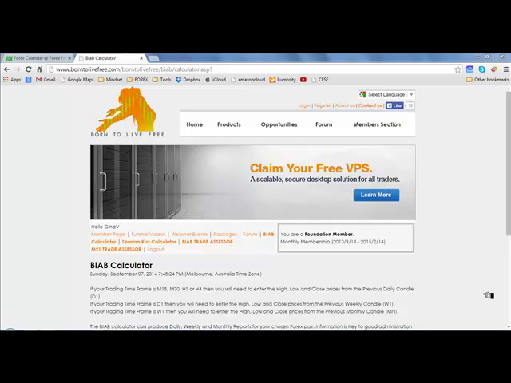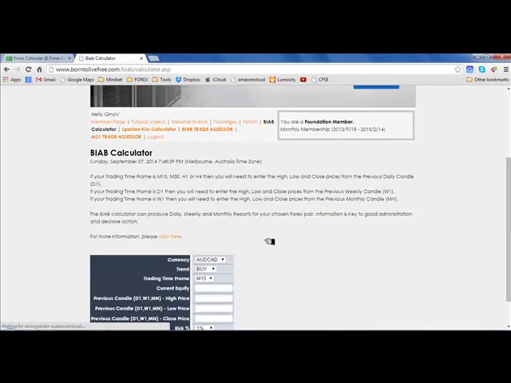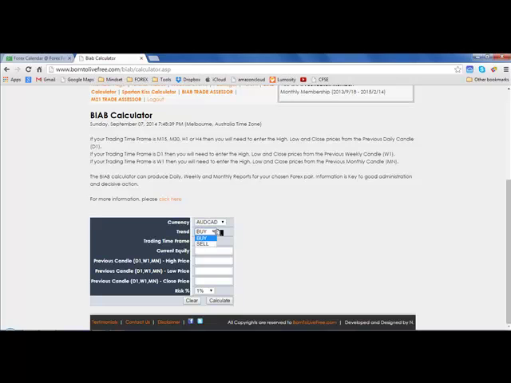Once you've recorded your high, low and close, then you're going to go to the website and select Business in a Briefcase Calculator. Select your trend. You're going to be doing intraday trading, so we'll select H1 and select your currency.